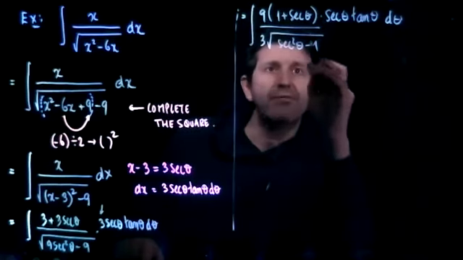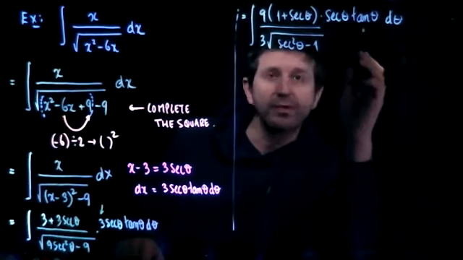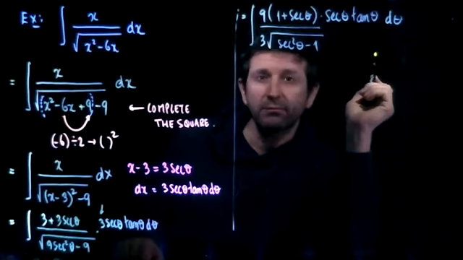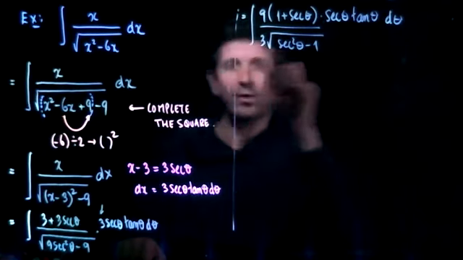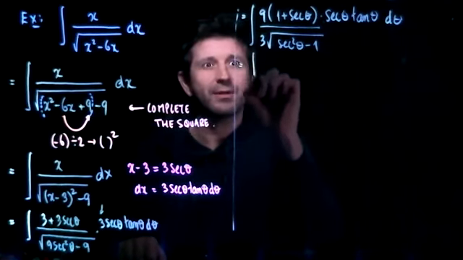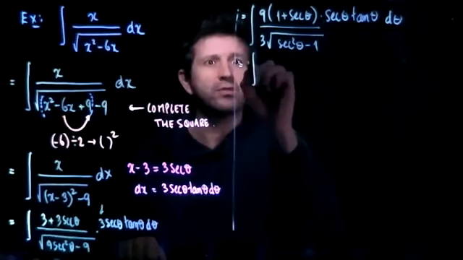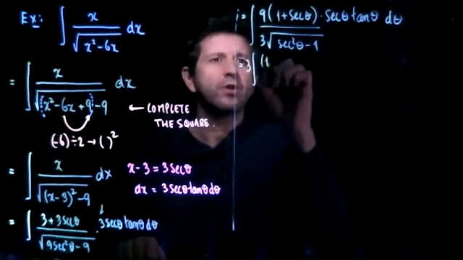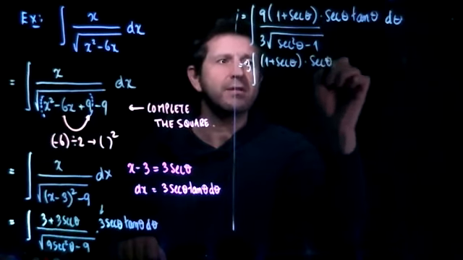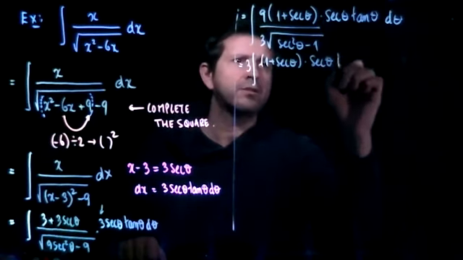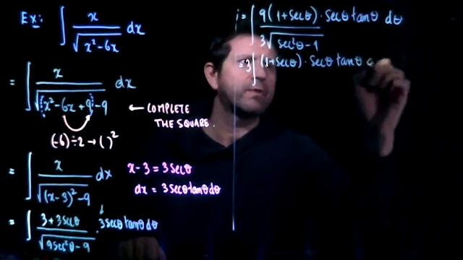Are you guys okay if I cross out this square root with the tangent? Understand? Why would we do that? I'll do the step. So 9 over 3 is just 3. Then on top I have 1 plus secant theta times secant theta times tangent theta d theta.